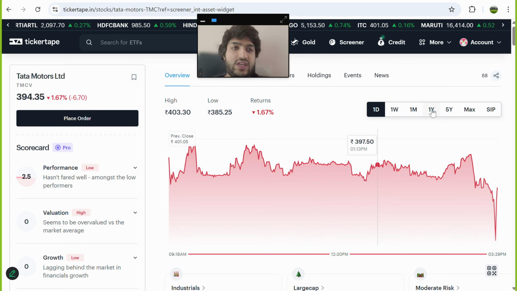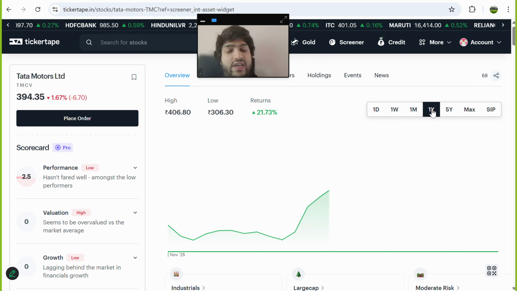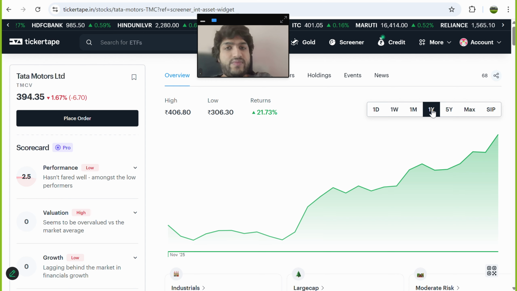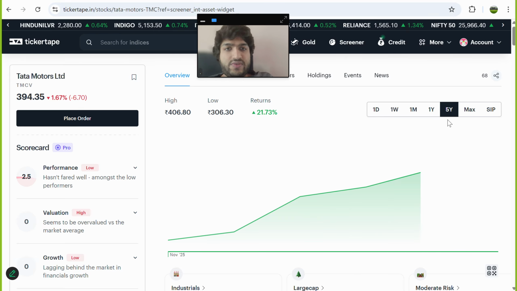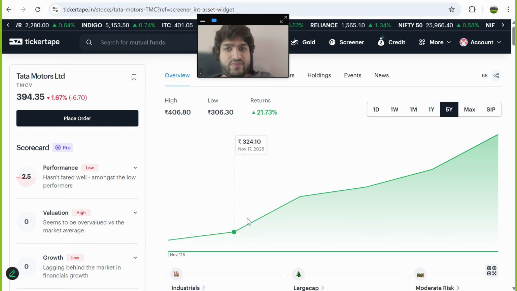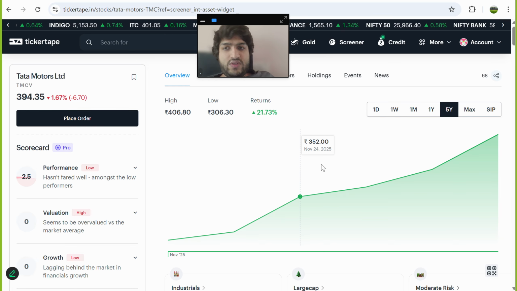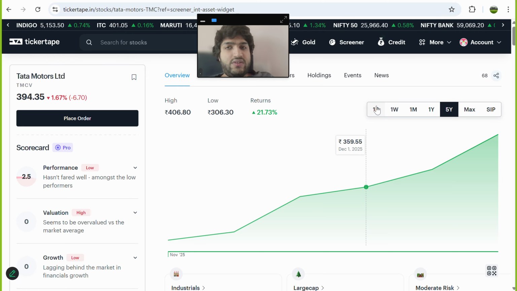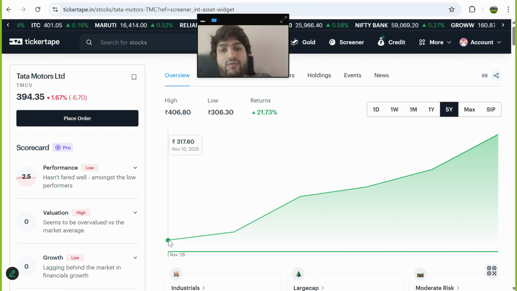So, you can see how far is it from the price that you saw before. So, this is how you can see. Now, Tata Motors has only been traded from November 10th.